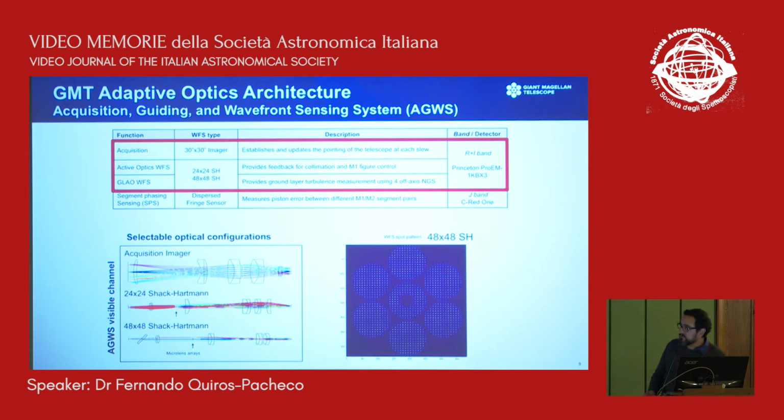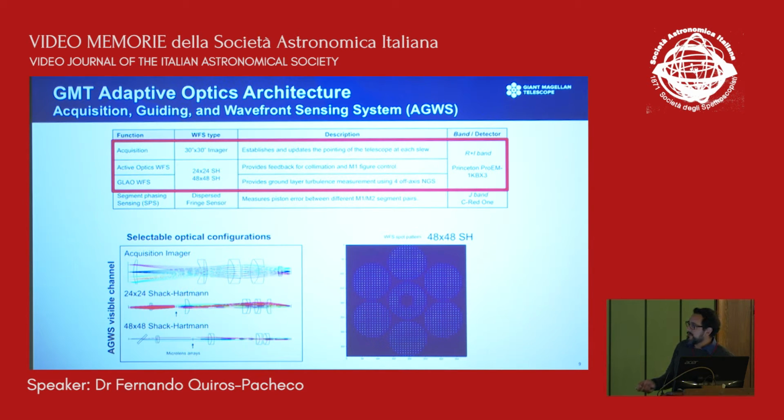So the AGWS has 2 channels. Remember that there are 4 probes that are identical, and each of these probes has 2 channels. One visible channel that will be used, in particular, for active optics and sensing.